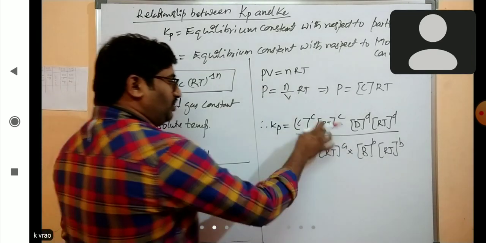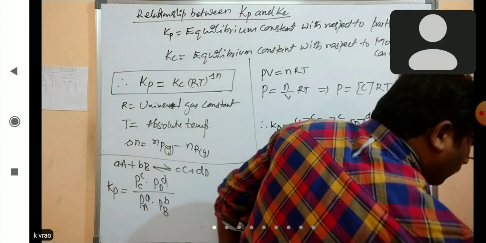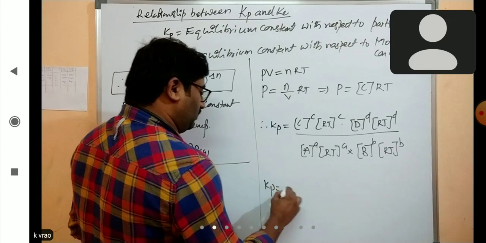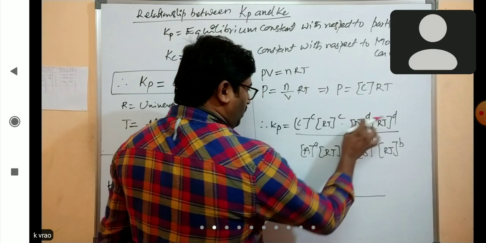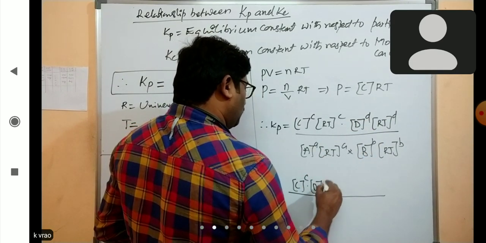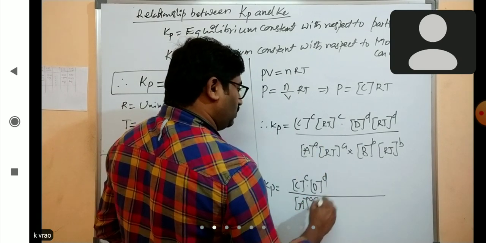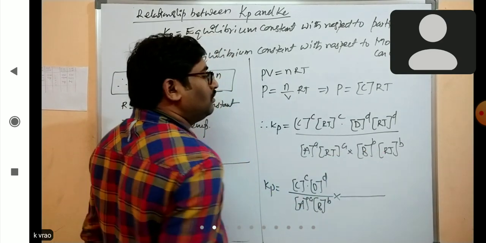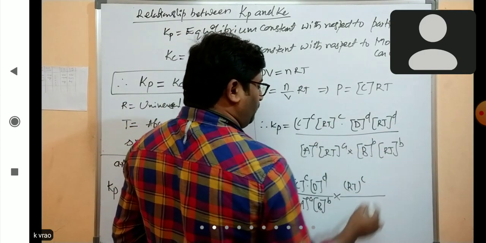Okay, now this equation, I am modifying it a little. See here. Kp is equal to concentration of C power c into concentration of D power d, by concentration of A power a into concentration of B power b, into RT power c into RT power d.